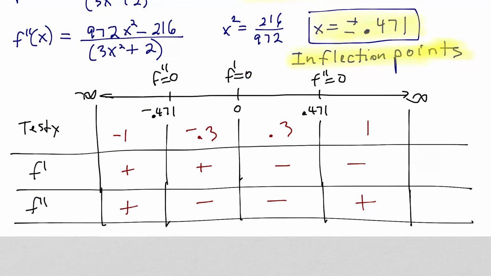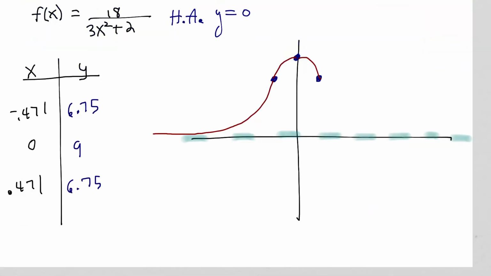And then the final interval, I'm downhill, concave up. Smile shaped. All right, so I'm approaching my horizontal asymptote. So this is what my graph looks like.